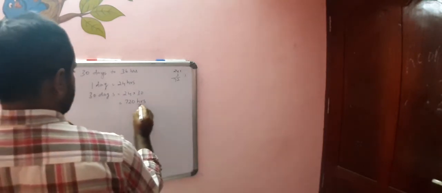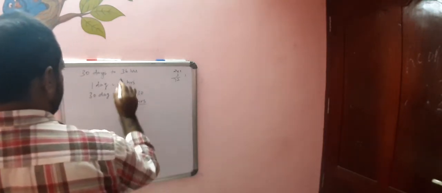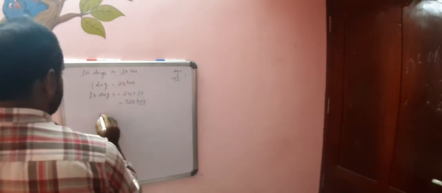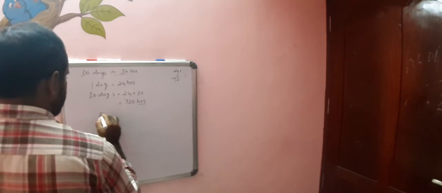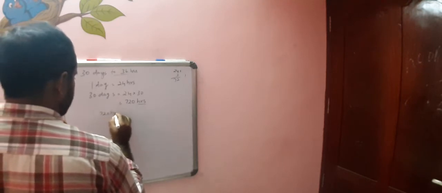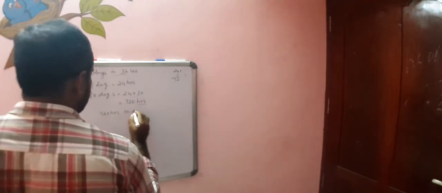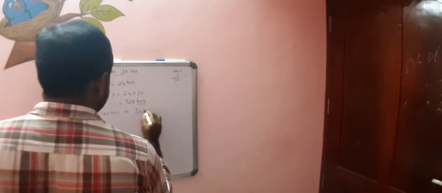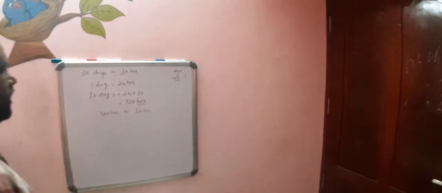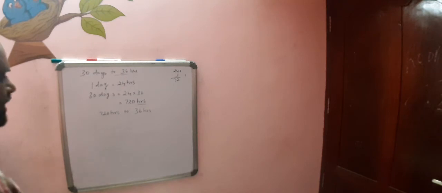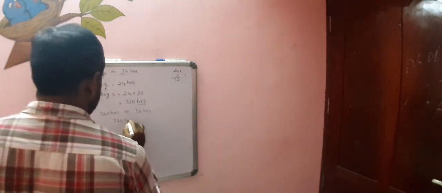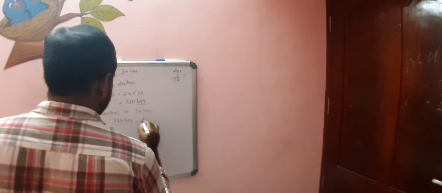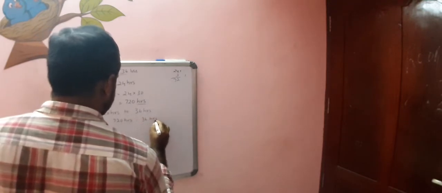Now you have hours here, right? So now we can rewrite this as 30 days to 36 hours is equivalent to 720 hours to 36 hours. So when you calculate the ratio, how do we write it? 720 hours is to 36 hours.